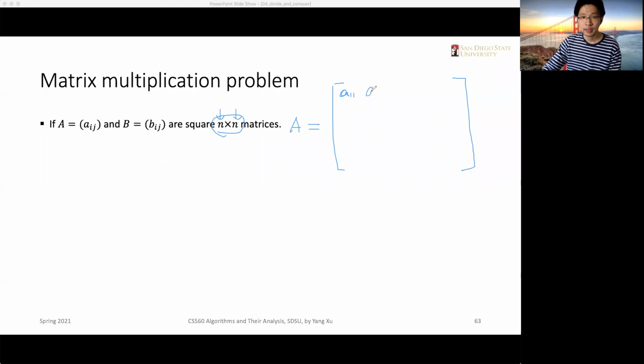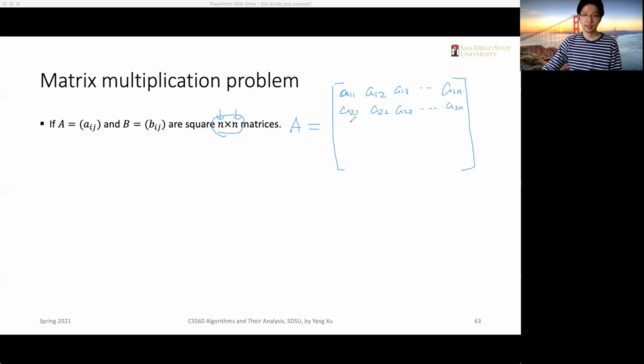So we can know that the second element in the first row is a12 and a13 until the last column, which is a1n, right? And the second row starts from a21, a22, and a23 until a2n, right?